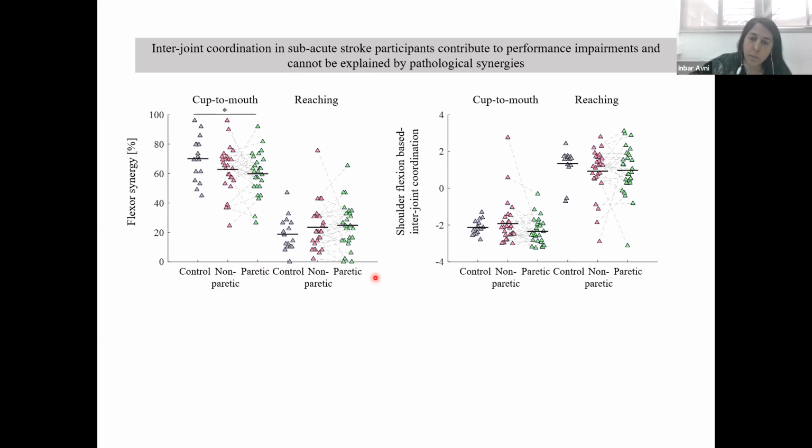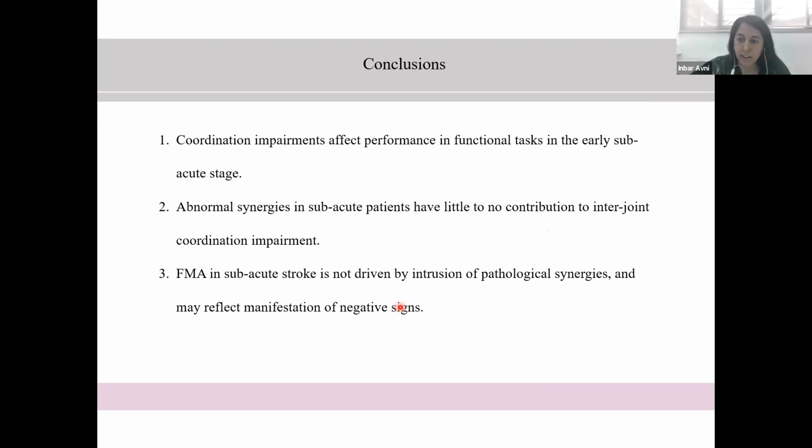And another complementary analysis was we calculated the same interjoint coordination, but specifically for the segments in which the shoulder was flexed. Again, here we saw a nice separation between tasks, but no group differences. So hopefully I've convinced you that interjoint coordination does affect performance measures very significantly.